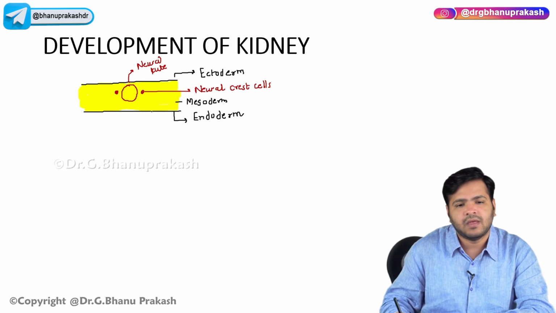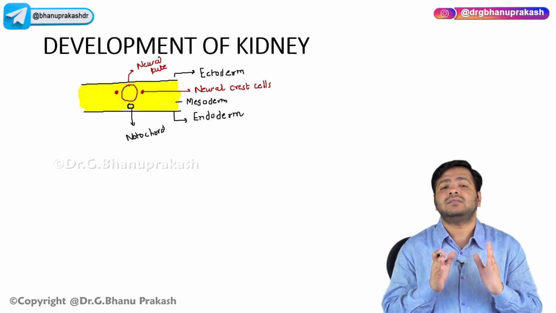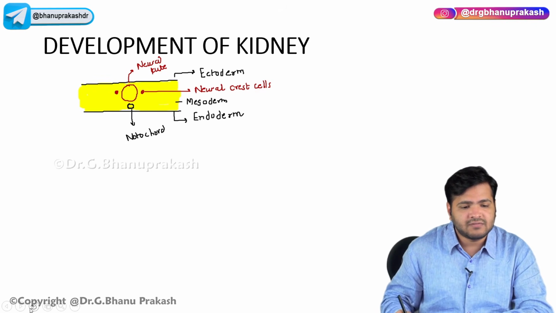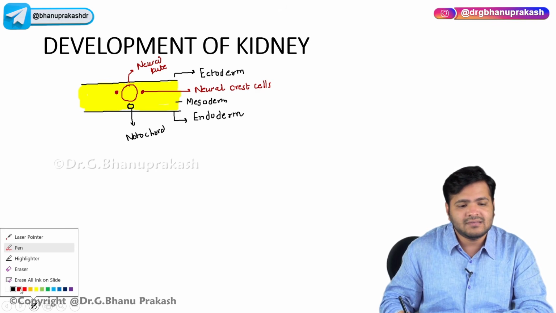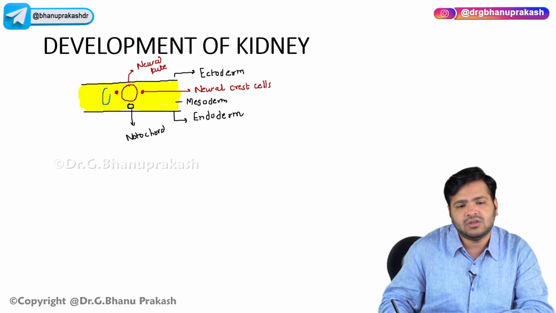Below the neural tube, you already know we have the notochord, which is temporary and will disappear. Now, just lateral to the neural tube, along the sides of the neural tube, we have another set of mesoderm that is called the para-axial mesoderm.